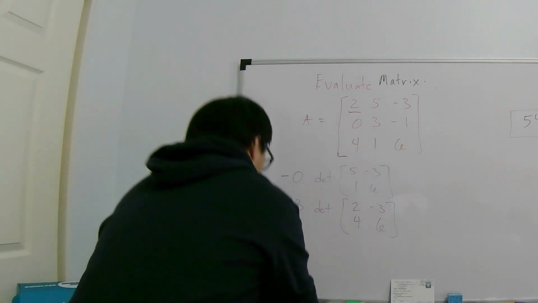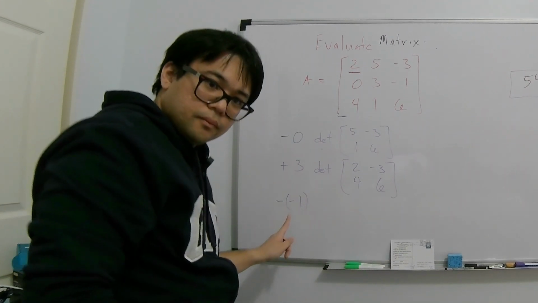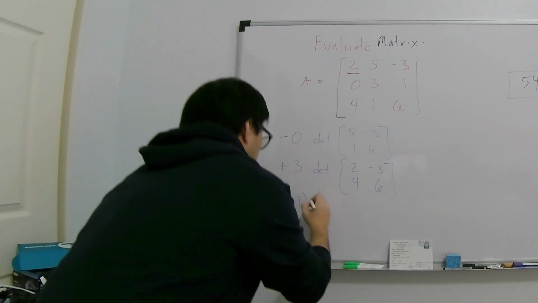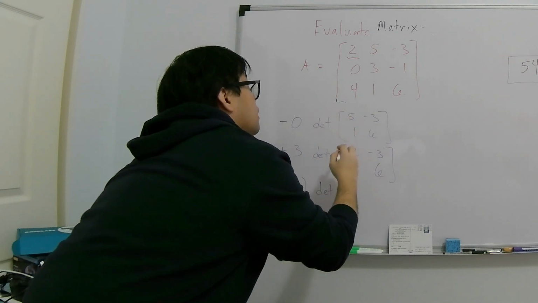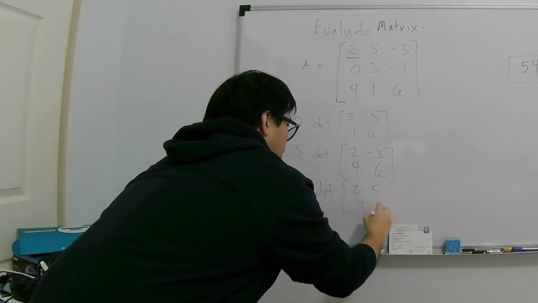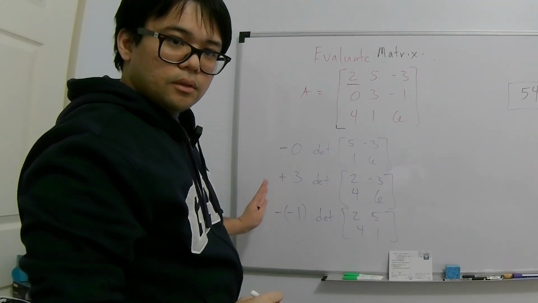And this -1 has a negative out in front of it. That's a tricky part. You remember those signs are really important. Times the determinant of 2, 5, 4, and 1. All right. So we have all 3 submatrices.